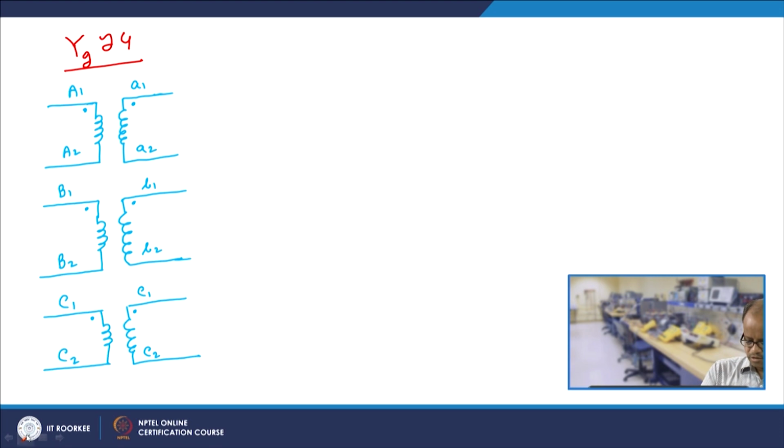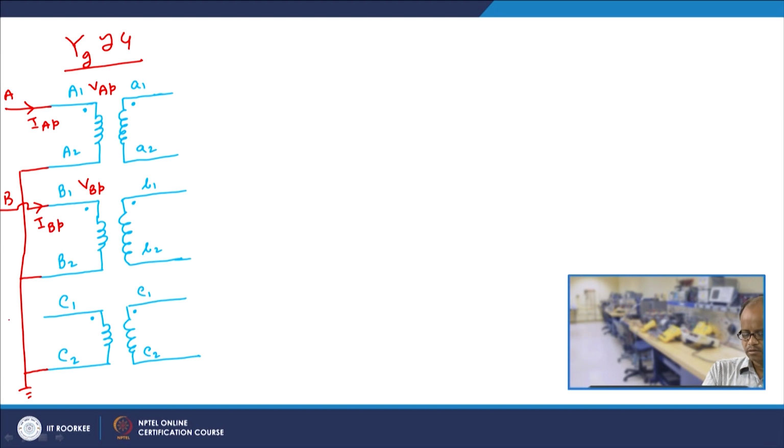So we first short them into ground. So this is phase A. So this is IAP. This voltage is VAP. So this is phase B. Voltage is VBP. It is IBP.